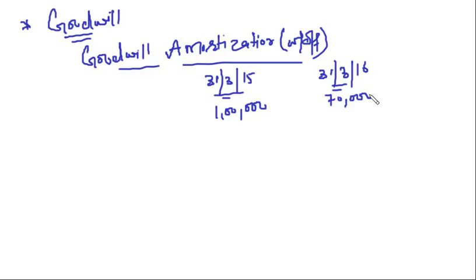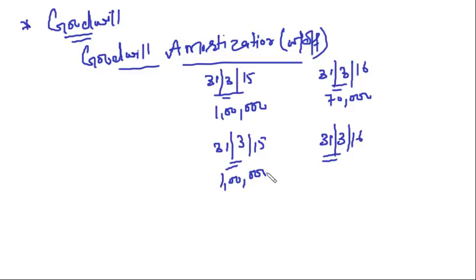But in case I say on 31/3/2015 and 31/3/2016, on 15 your balance in the goodwill was 1 lakh, on 16 it is 1,50,000. Now in this case your goodwill has increased.